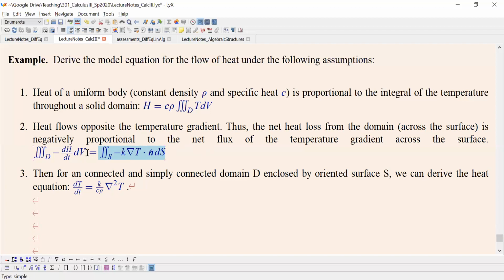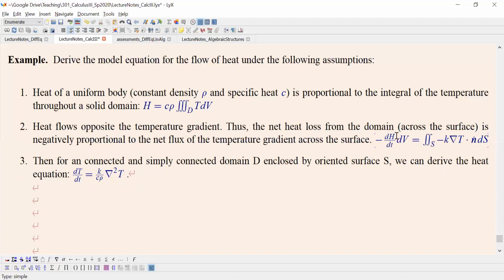On the other side, we just have the heat loss, the change in heat that is negative, added up over the entire region.